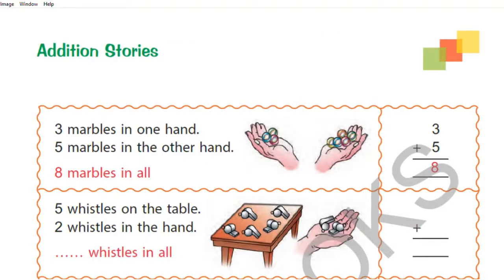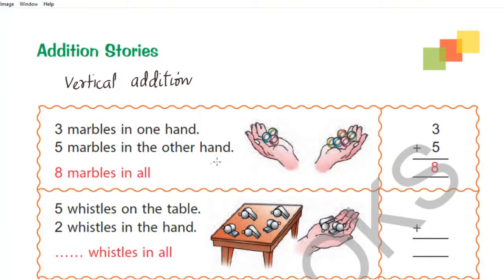Children, in this exercise of addition stories, we will do addition using the concept of vertical addition. Now, the most important thing while solving these sums, you have to look for the numbers. And what we will do in each problem? We will encircle the numbers. 3 marbles in one hand, 5 marbles in the other hand.